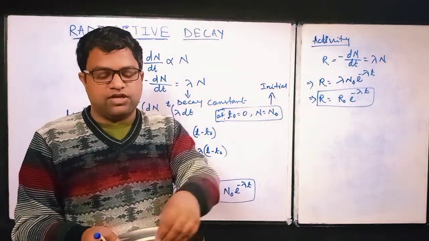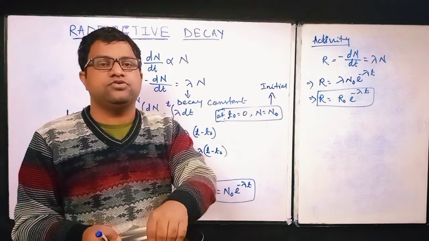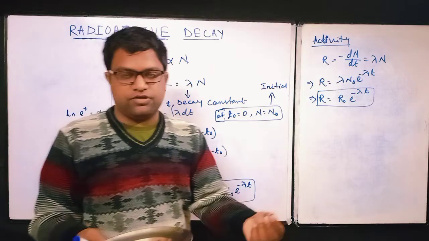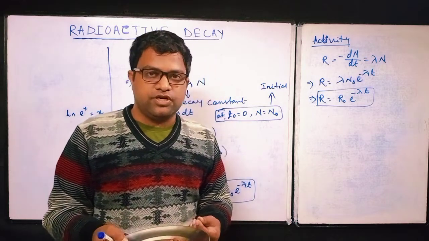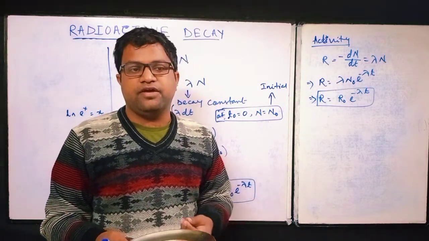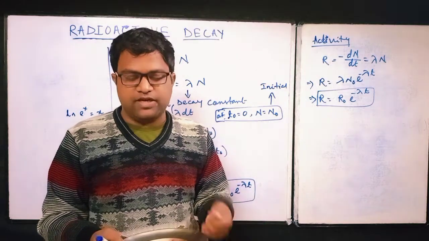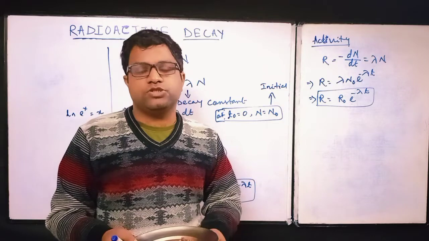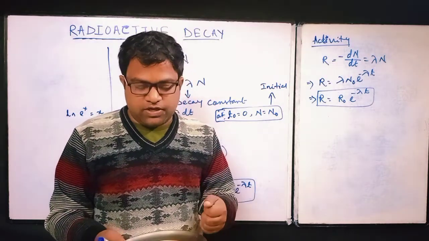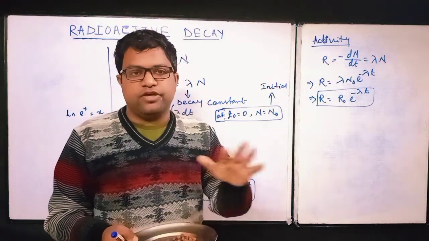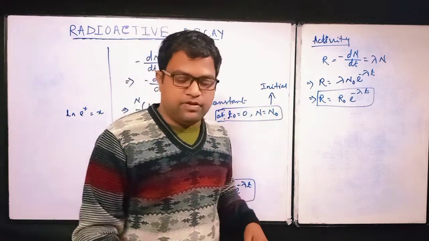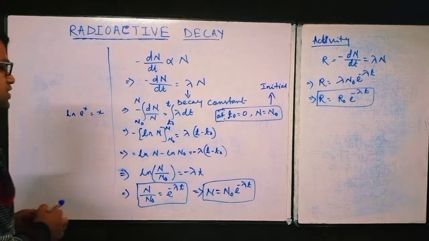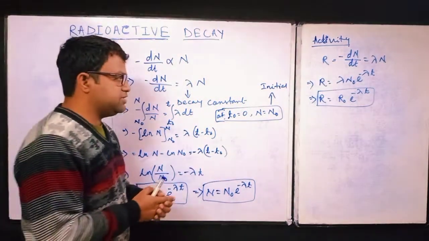That means gradually, let's say after 2 years, few nuclides change to a new nucleus, so the decay rate will be very slow. That's why for many samples we use the half-life period, right? Half-life period is a very important quantity, and average life we also calculate.